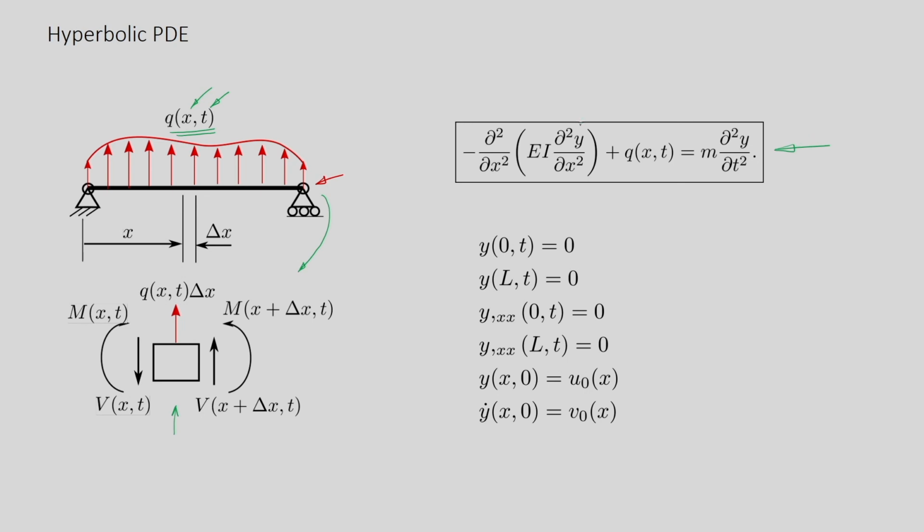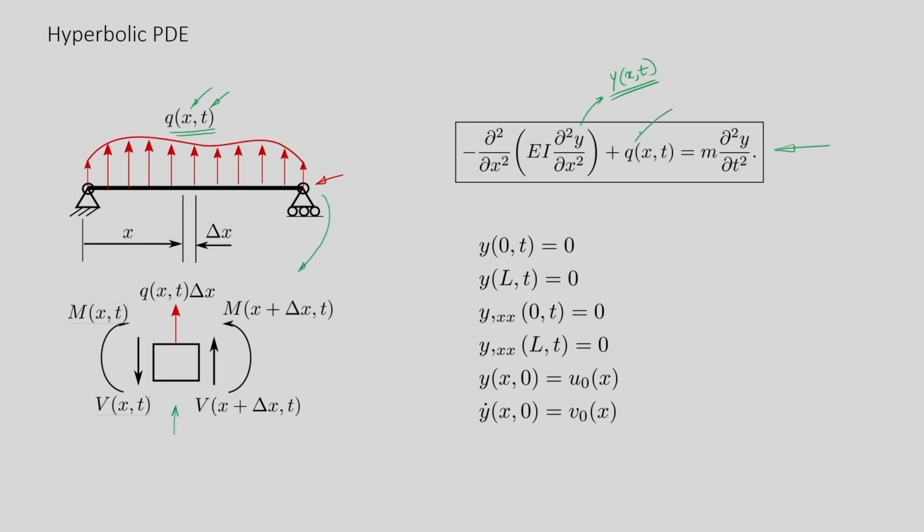Here y denotes the response of the beam, which is a function of x, the position, and time t. So this y is what we are looking for, how the beam is deflecting at a given time instant. Not only that, we also find out the velocity and acceleration associated with it.